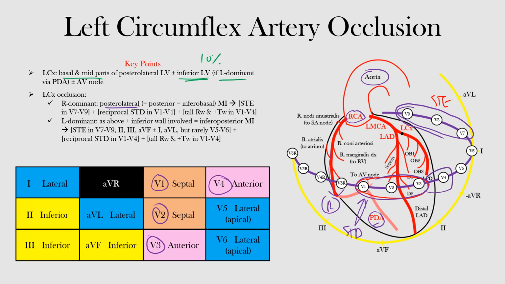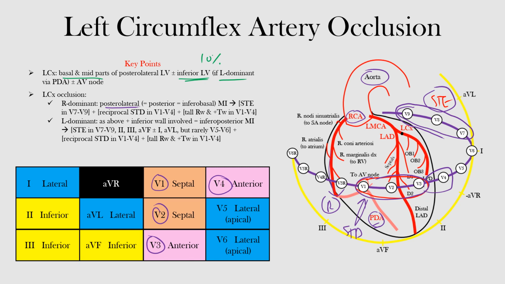Because it's affecting the posterior portion of the heart, we're going to see reciprocal changes. So remember, we see pathological Q waves as well as T wave inversions back here with the ST elevation in the posterior leads. And we'll see reciprocal tall R waves, which are pretty much the opposite of the pathological Q waves.